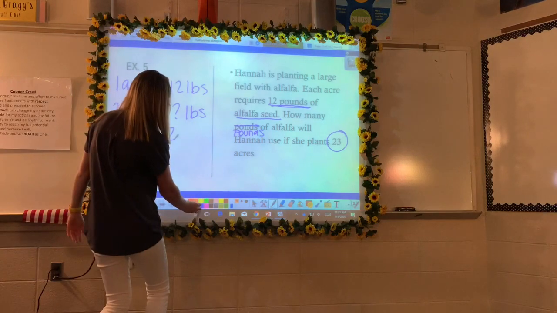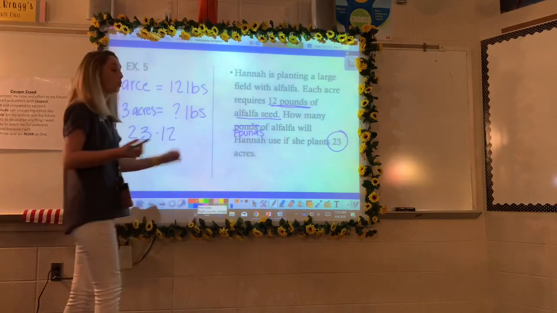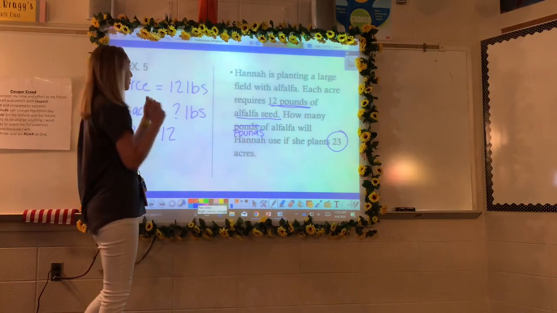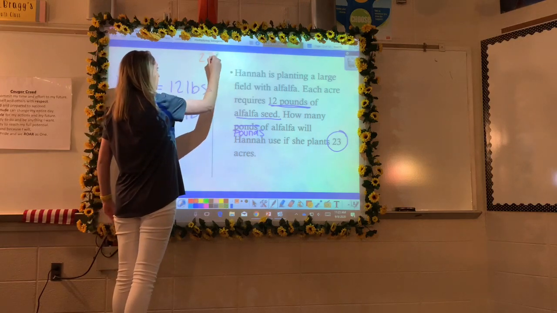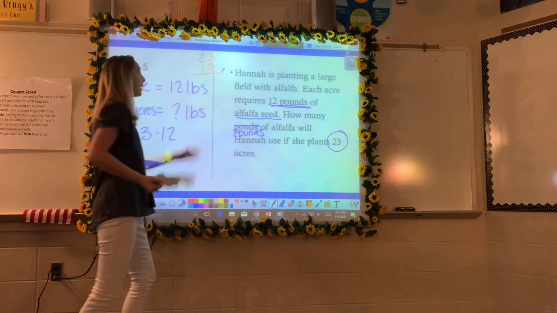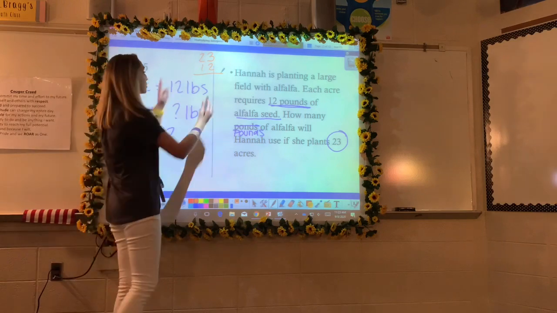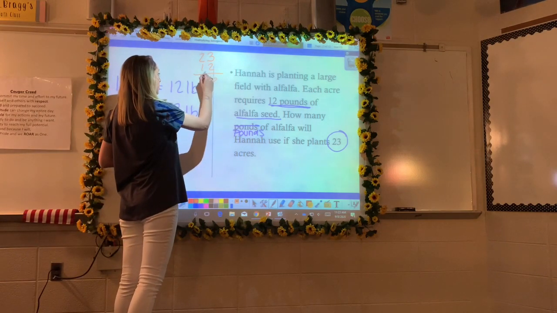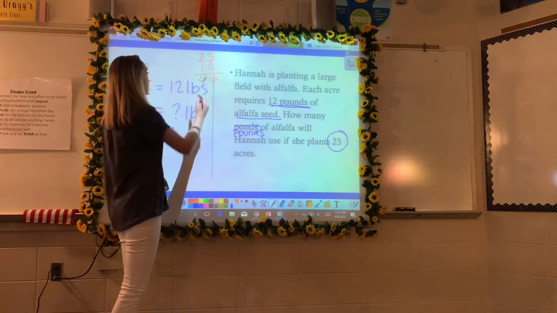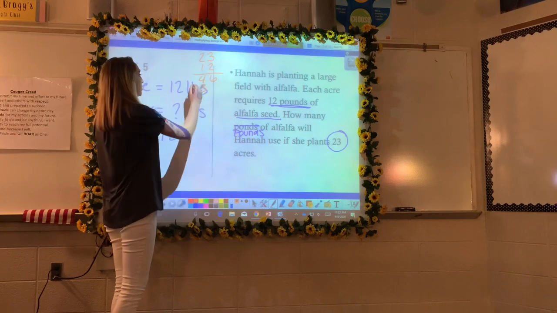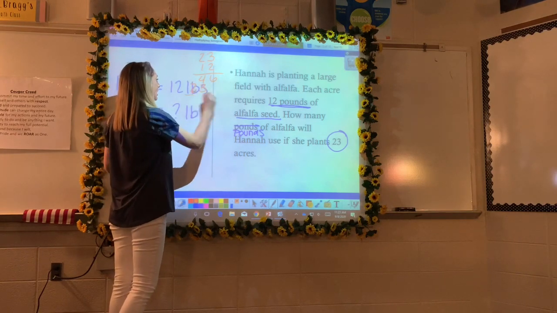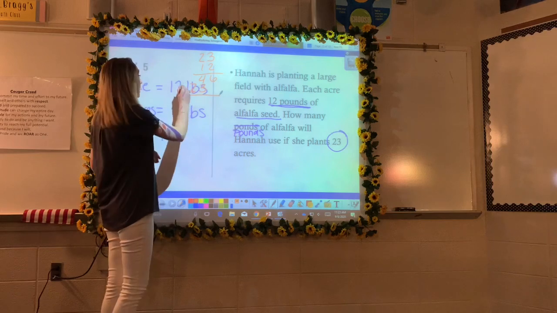I'm going to do this in orange up here. So remember when we multiply, we stack numbers on top of each other. So 23 times 12. And then we'll multiply. So 2 times 3, 6. 2 times 2 is 4. 1 times 3 is 3. 1 times 2 is 2. Sorry, it's running in. And then we add. So you multiply and then you add.